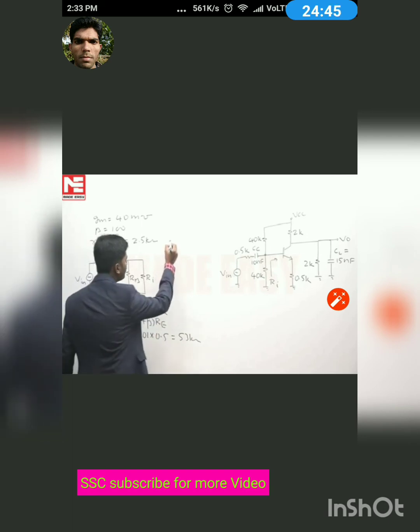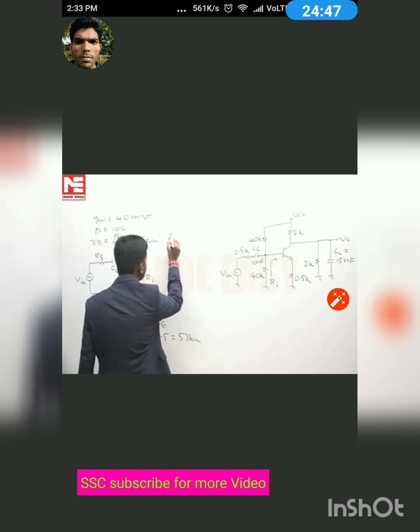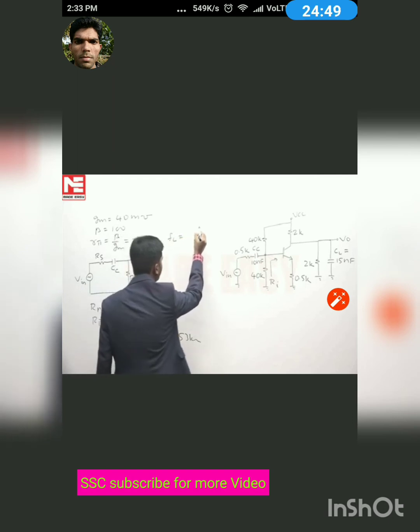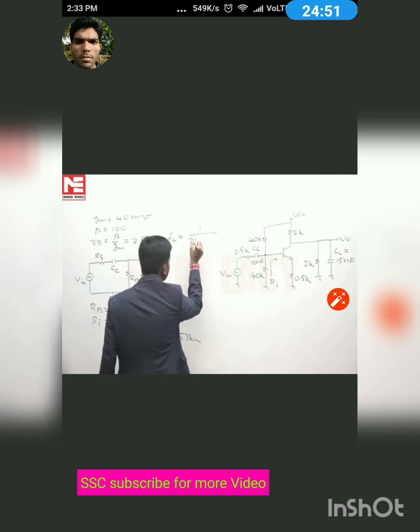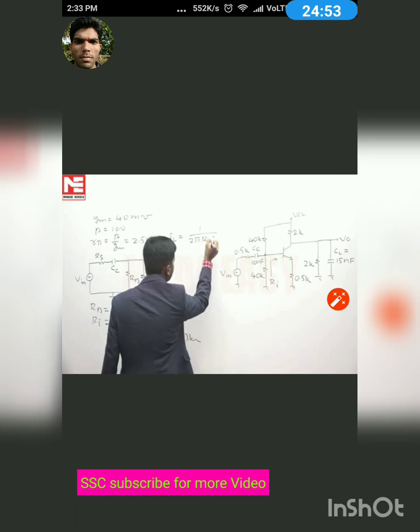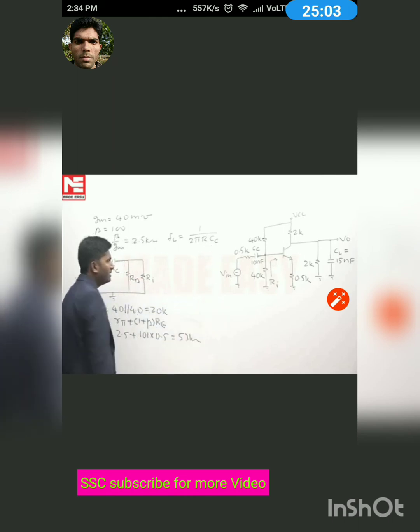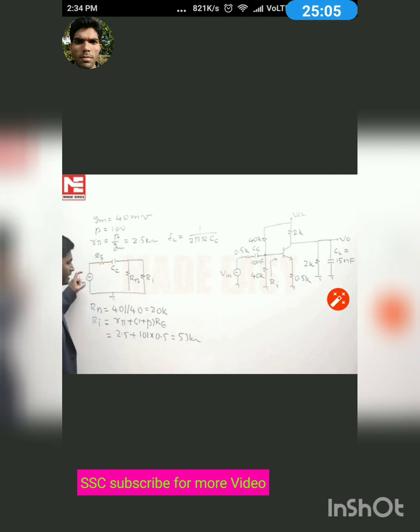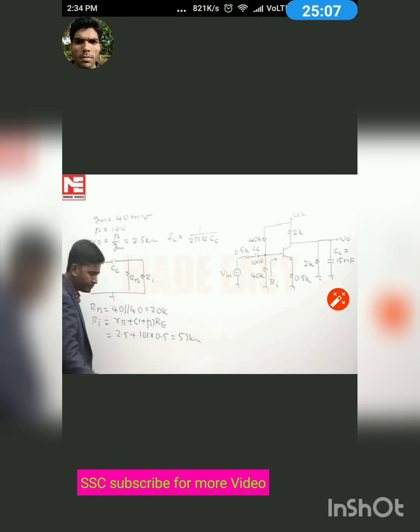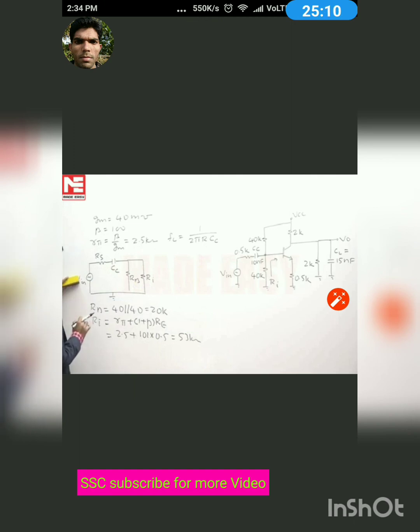The lower cutoff frequency or lower 3 dB frequency will be of the form 1 by 2 pi R into this capacitance, that you may call the coupling capacitor or blocking capacitor. And that R is the resistance seen by that coupling capacitor under the condition that the signal source is deactivated or disabled. So let me deactivate this signal source.